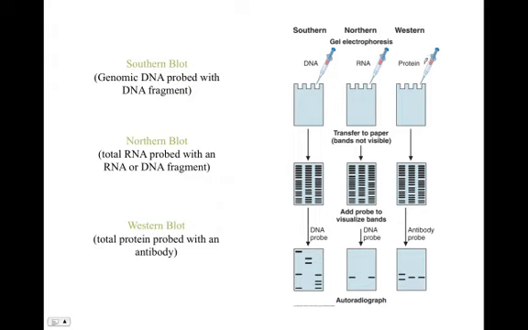Finally, in a western blot, where you are looking at a protein of interest, you'll load a total protein lysate that can be visualized with a general stain, then probed with an antibody specific to your protein of interest.